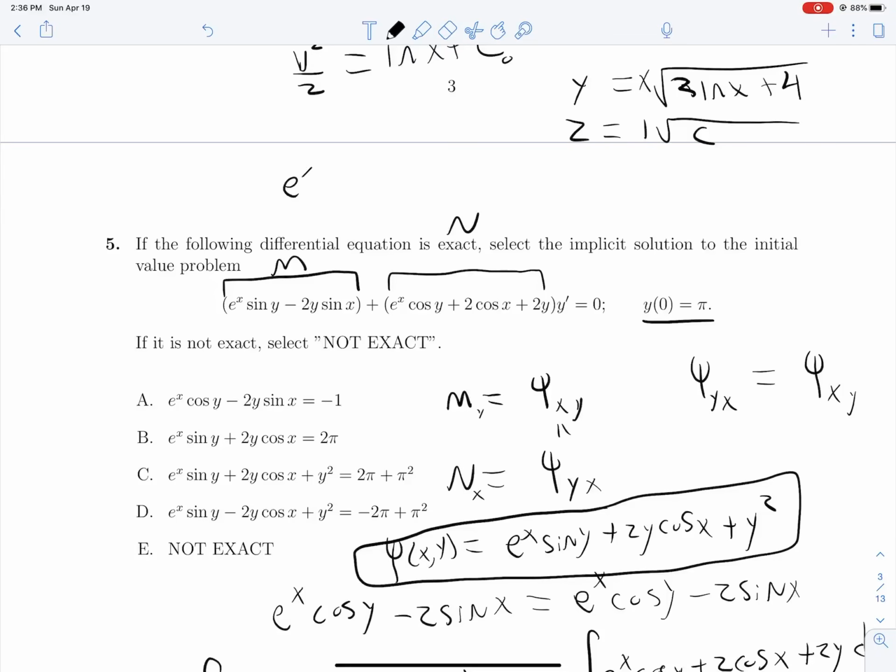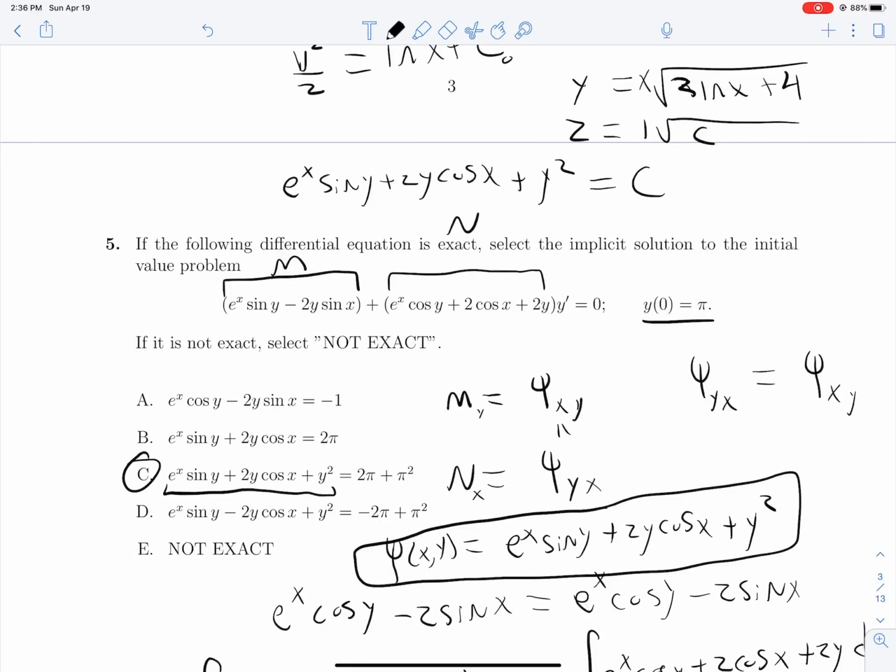So we can say that e to the x sine y plus 2y cosine x plus y squared is equal to c. And really, if you want to be technical about it, we already know that the answer is c because that's the only left-hand side that matches.